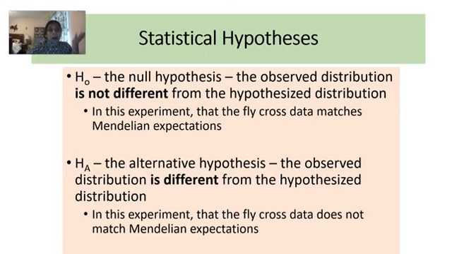So basically it's that our hypothesis is correct. Our hypothesis is going to follow Mendel's ratio, and it is going to look just like that. It's going to match those expectations. Our alternative hypothesis, HA, is basically that our observed distribution does not follow Mendelian ratio, does not match those expectations, and is somehow going to be different than those.